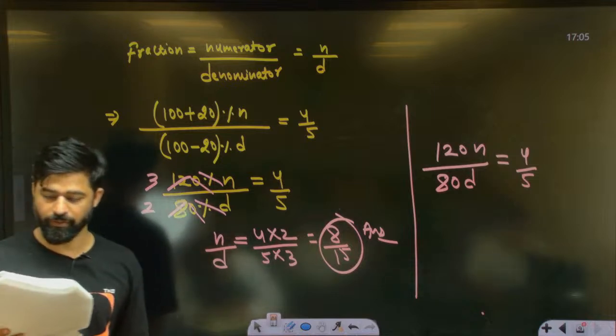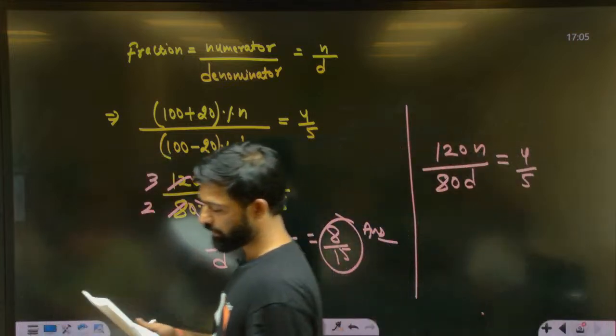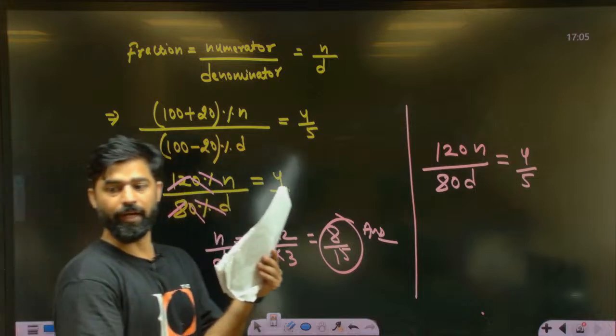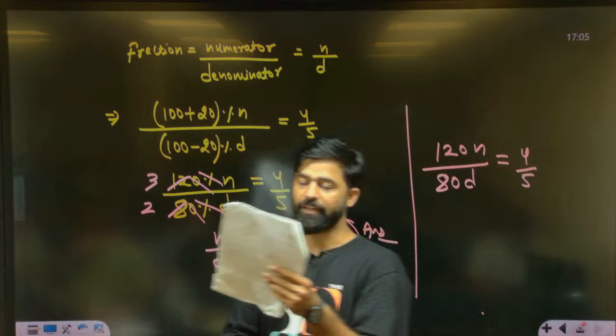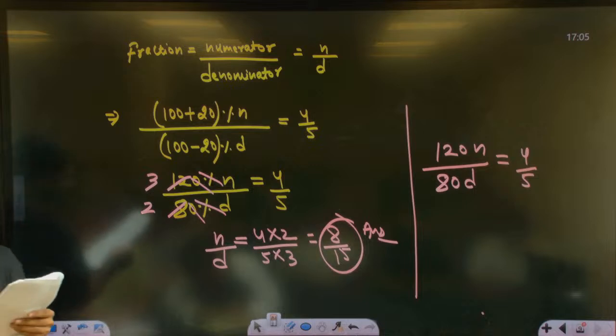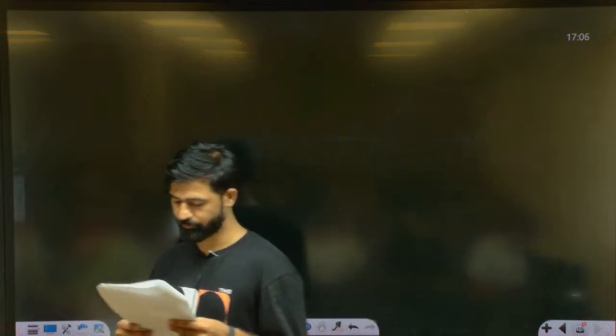If the numerator of the fraction is increased by 20 percent and the denominator is decreased by 5 percent, then the fraction becomes 5 by 2.